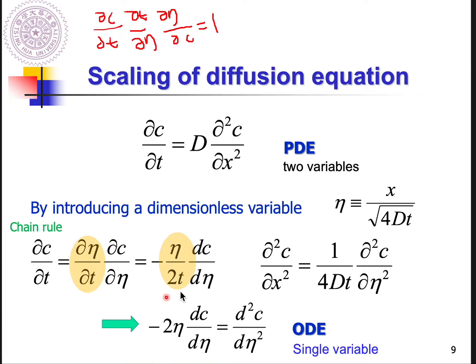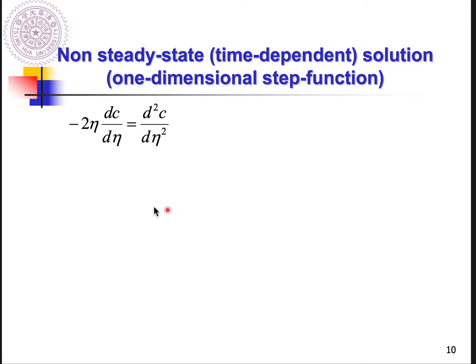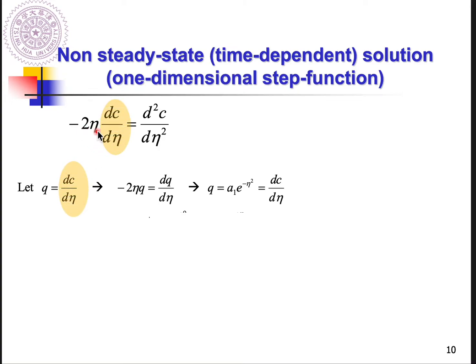So next slide, I'm going to copy these equations, and show you how to solve this differential equation. We let q equal dc over d iota. So minus 2 iota q equals, this is a first derivative, this is a second derivative, so it's dq over d iota.